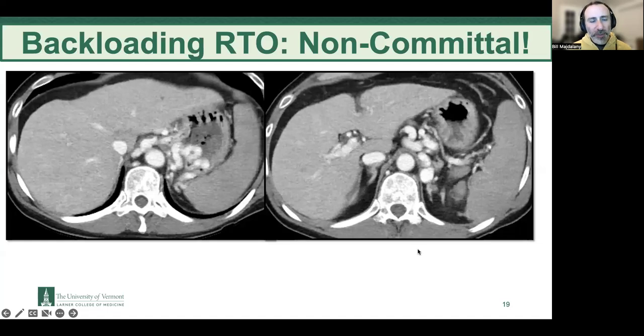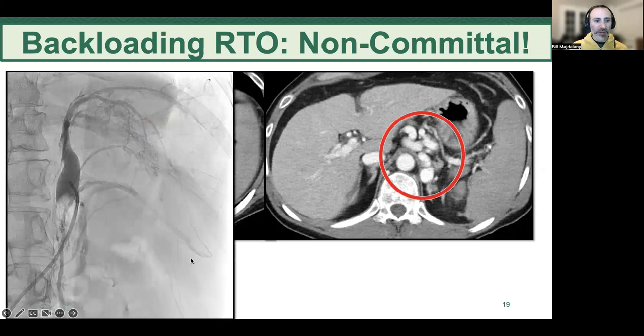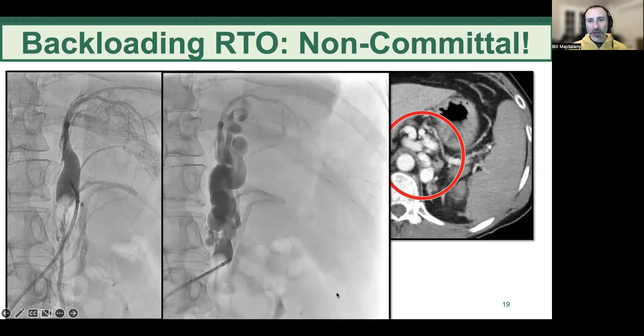What's really important about backloading, in my opinion, is that it's non-committal. We see an extensive network here of varices. We can inflate the balloon at different areas and assess where we want to inject sclerosant, because as these networks enlarge, they can be quite complex. There may be multiple efferent and afferent vessels that you have to mitigate.